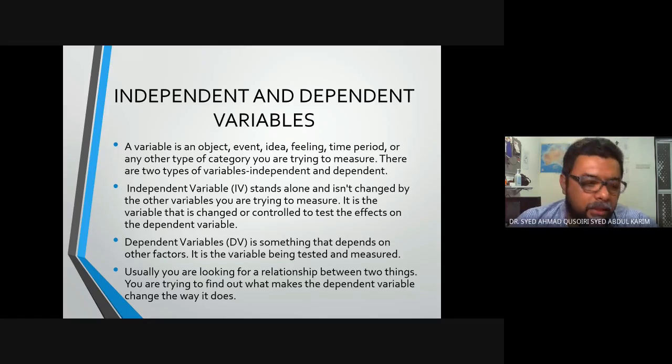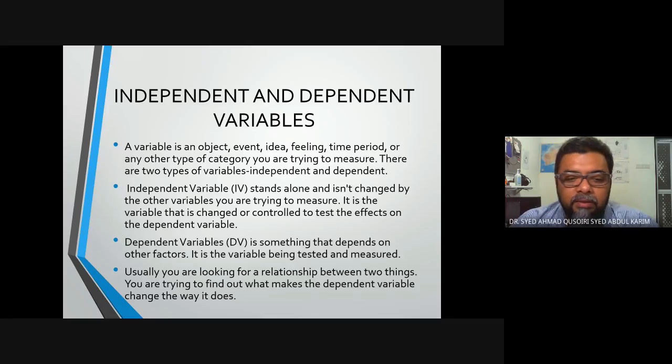This is something that you need to properly cement in your head, between the IV and the DV. You can't get this wrong. You can't afford that. The dependent variable is something that depends on other factors. It is the variable being tested or being measured.